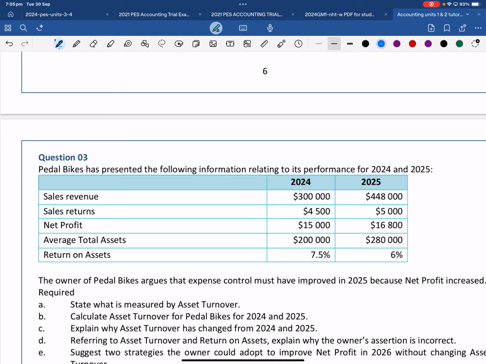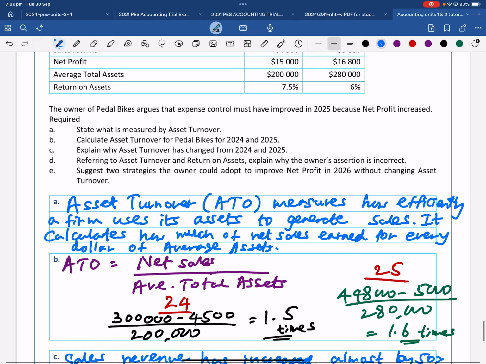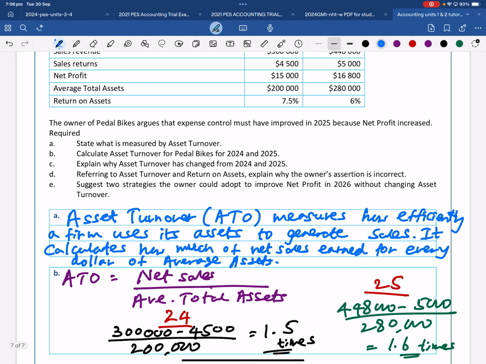So you guys are looking at the ROA, yes? You can look at another perspective. What is it? ATO, yes? While looking at the ATO, what would you say? ATO has improved, yes? That means the ability of the business to generate sales revenue has improved, right?